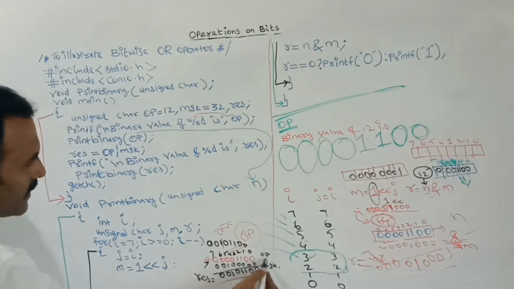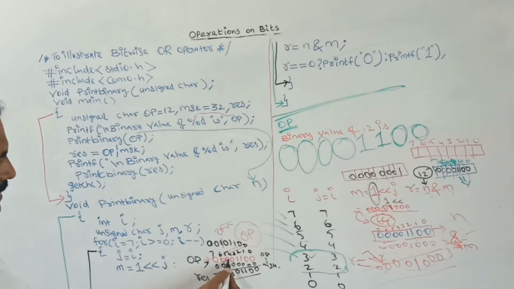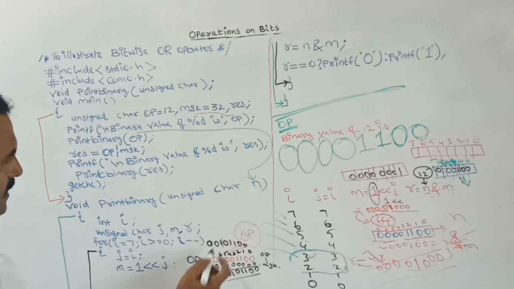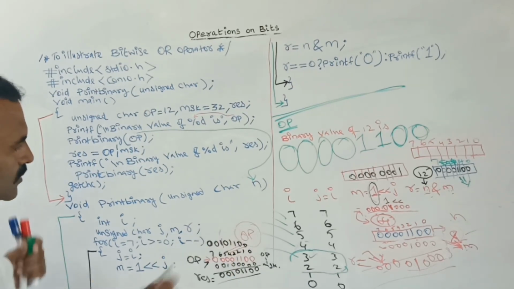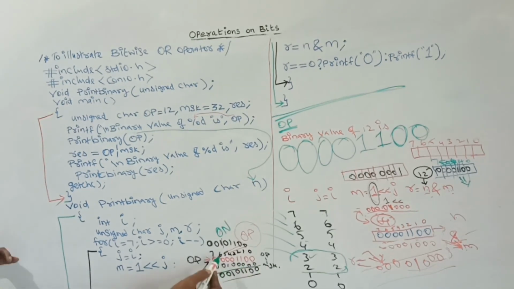In the operand value this fifth position is turned off, but here I had turned it on. So in this result that bit value is on. So by using this operator we can turn on a particular bit.